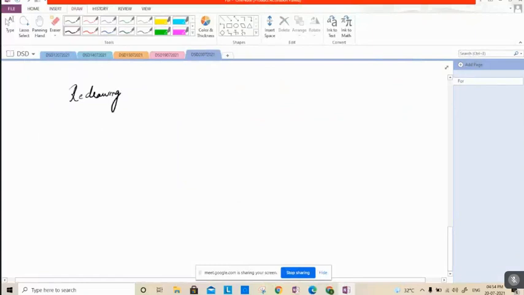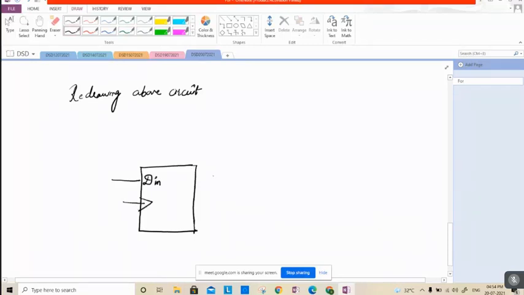Redrawing the above circuit. This is D in, the clock signal, Q and Q bar.